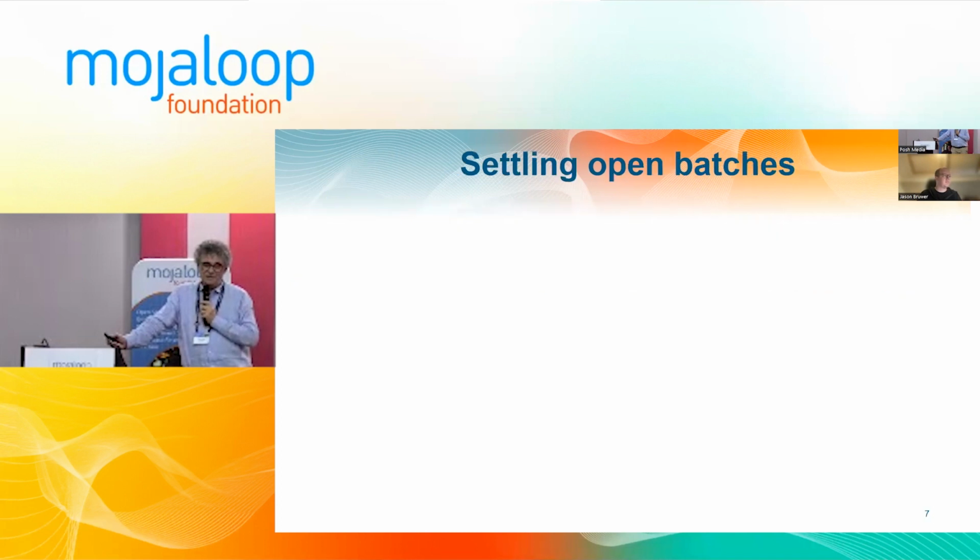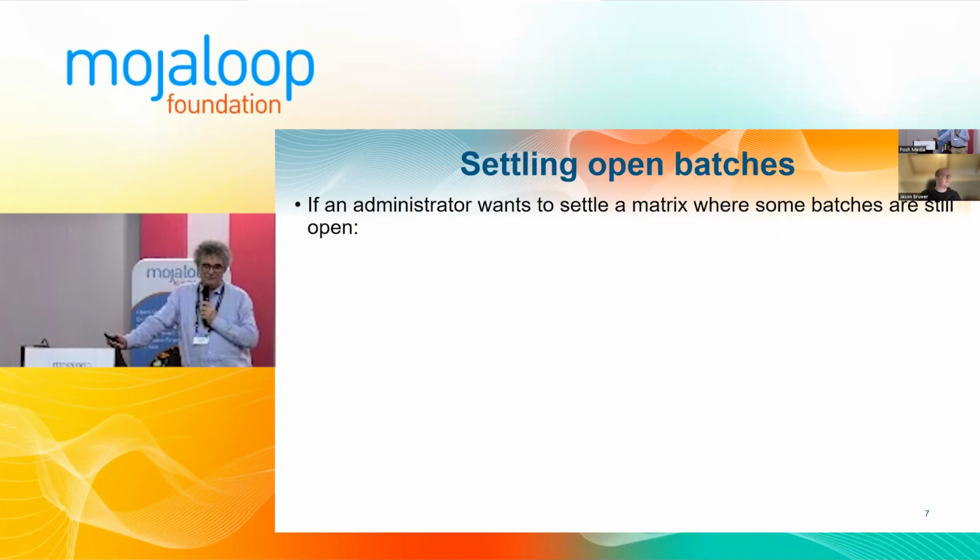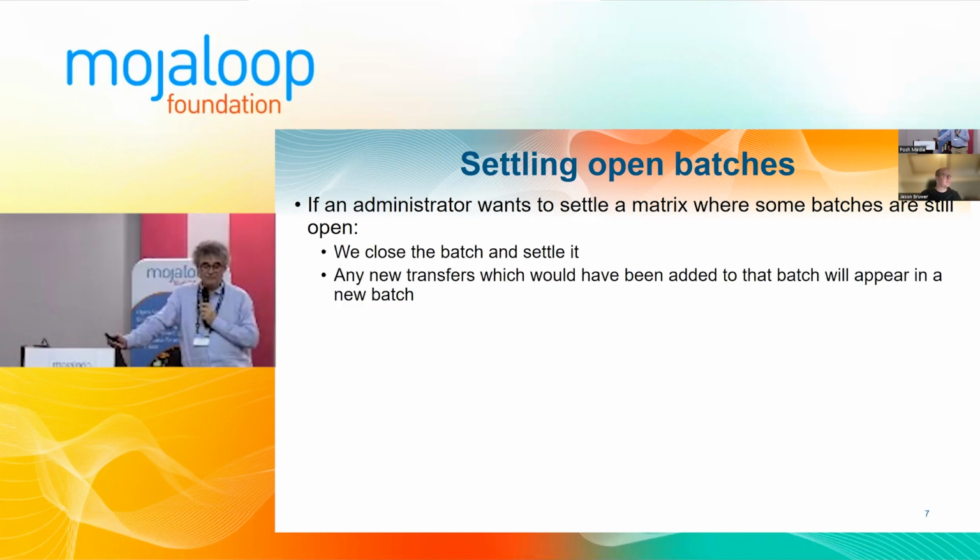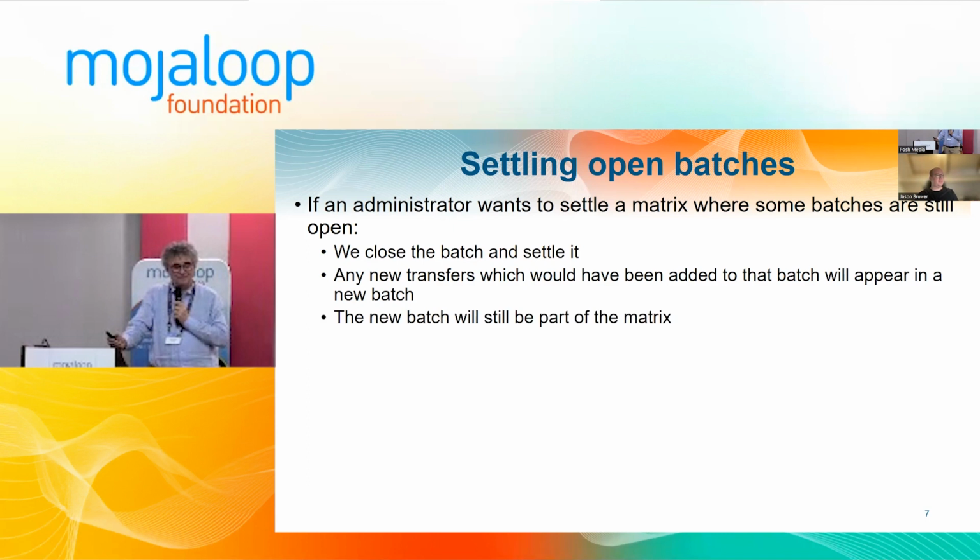So how are we going to settle open batches? If an administrator wants to settle a matrix where some batches are still open, then we close the batch and settle it. Any new transfers which would have been added to that batch appear in a separate new batch. So we never lose transfers, and we never add transfers to a batch which is in process of settlement or has been settled.